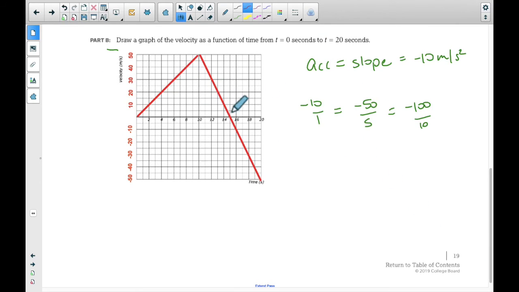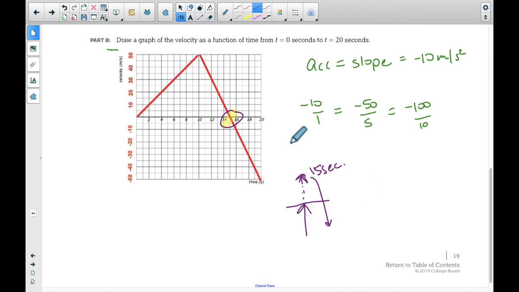So we said a minute ago that this is where the launch is, and then it cuts off the engine, and it starts to fall down. And right here at 15 seconds is the top height of its trajectory. So it gets launched up with the acceleration, it kind of floats upward, and then it starts to come down. So this is the 15-second mark, and that is the highest it goes.